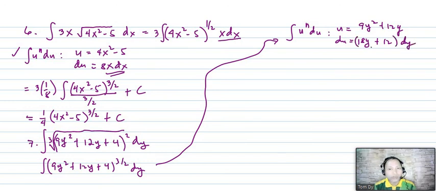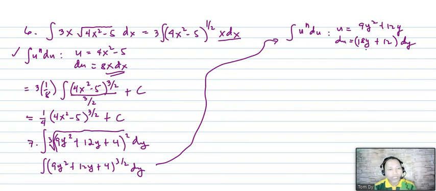Okay. If you have noticed 18y plus 12 dy, and then this one, dy only, so I think you need to find another way. You cannot do directly this formula, because you have your 18y plus 12 dy.